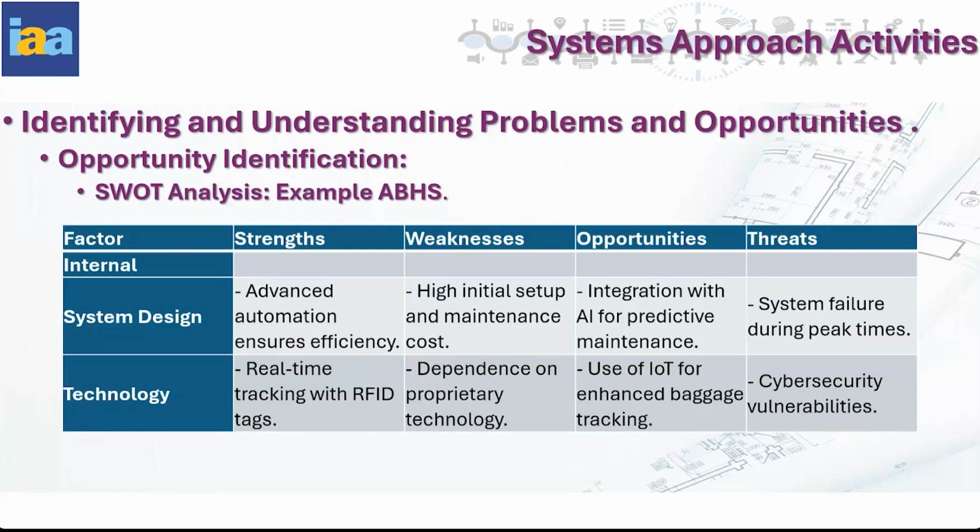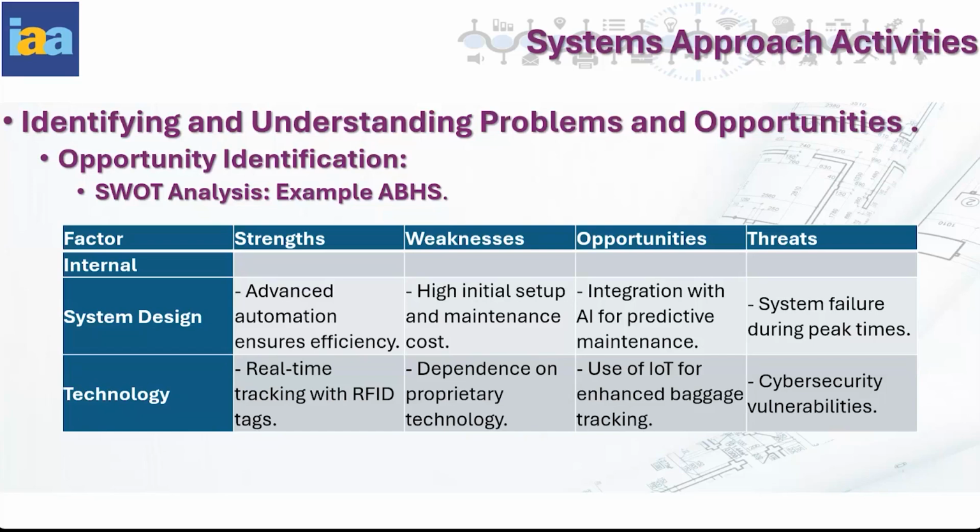But at the same time, what are the opportunities to bring the new automation? You can integrate with AI for predictive maintenance. So there is no need of too much maintenance cost. If the system is designed in such a way, on its own it will do predictive maintenance of the system, so that you can take corrective maintenance at the proper time.